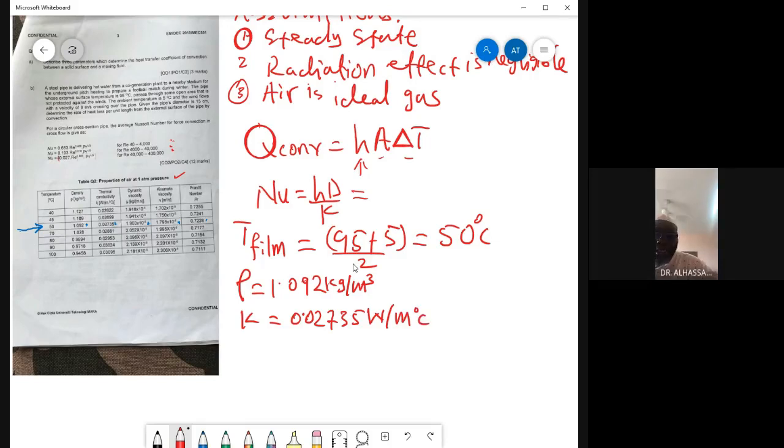Then we have the dynamic viscosity, which is 1.963 times 10 raised to the power minus 5. Then we have the kinematic viscosity, 1.798 times 10 raised to the power minus 5.